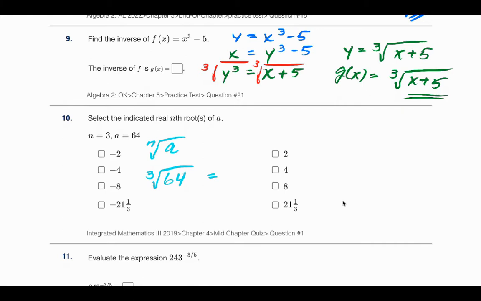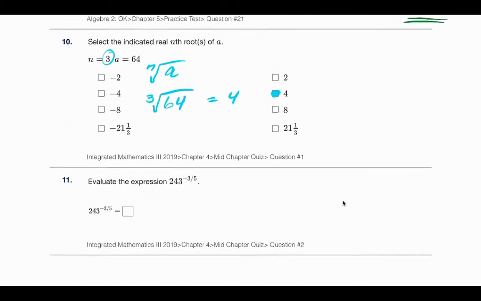But 4 times 4 times 4 is 64, so the cube root of 64 is equal to 4, and that's your only answer. Remember, if this index was an even number, we would have an answer of plus 4 and minus 4. We can have a negative under the radical if the index is odd, but not when it's even.